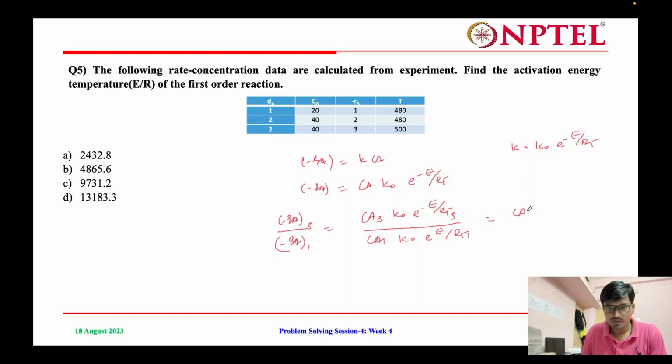So C A 3 by C A 1 times exponential of E by R into 1 by T 1 minus 1 by T 3.